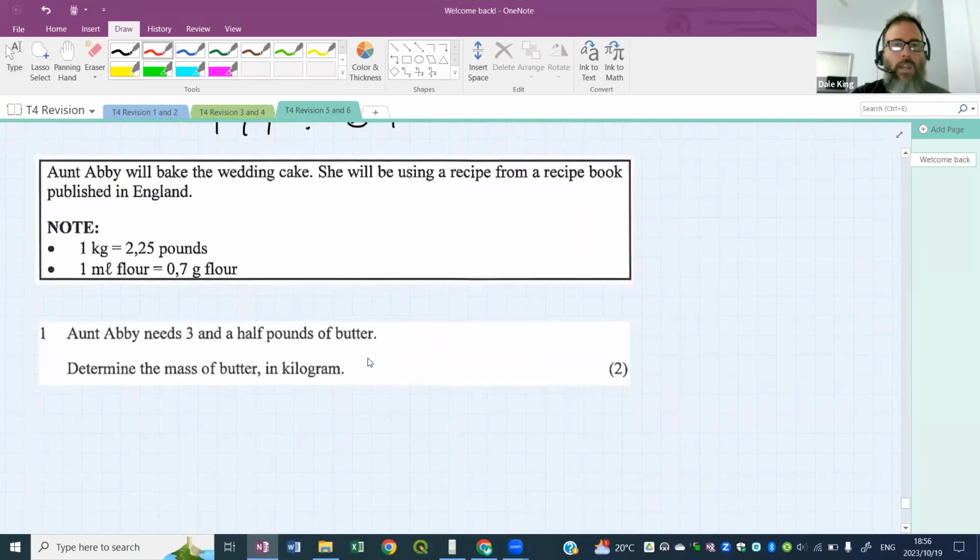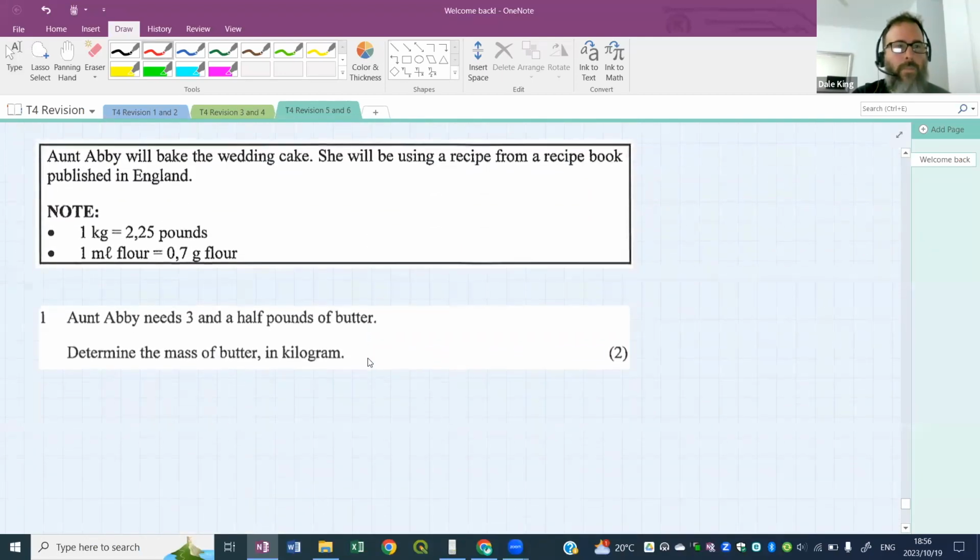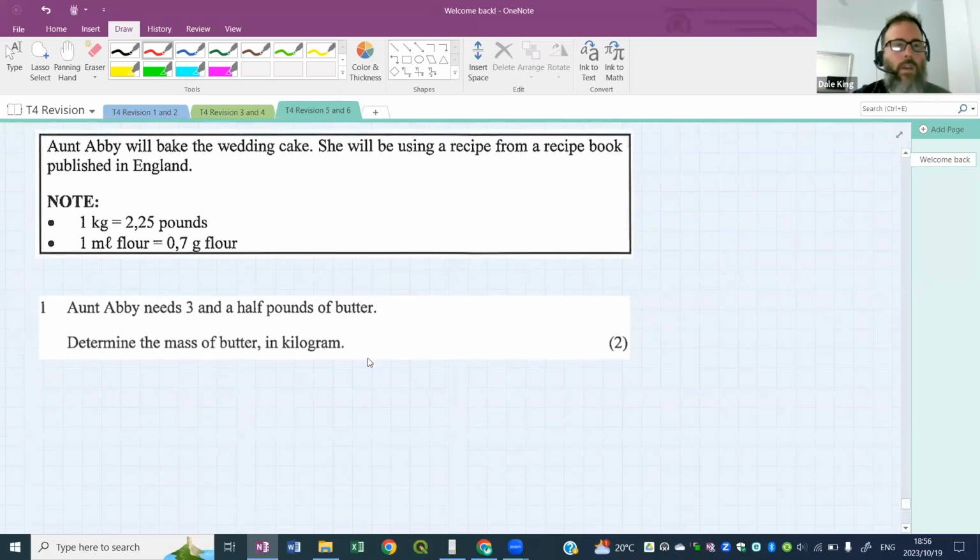Auntie Abby's baking a cake, and this is the recipe. She'll be using a recipe from a recipe book published in England. All right, let's see if we can do some of these. Number 1, Auntie Abby needs 3.5 pounds of butter. Determine the mass in kilograms. She needs 3.5 pounds.